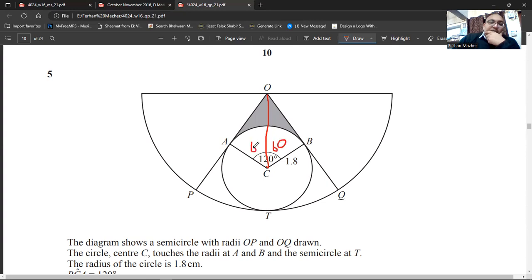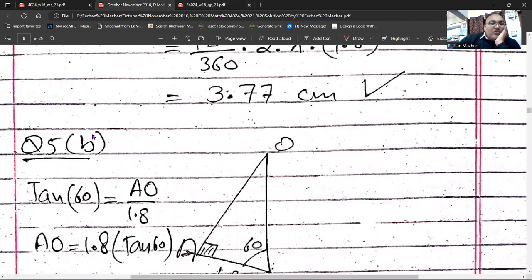This angle I know is 90. These are tangent. So I need to know how much is this. So it's a right angle triangle. I know this is 1.8. Okay. So I apply tan and very easily I can find that OA.